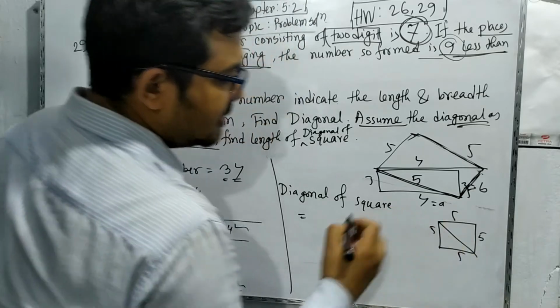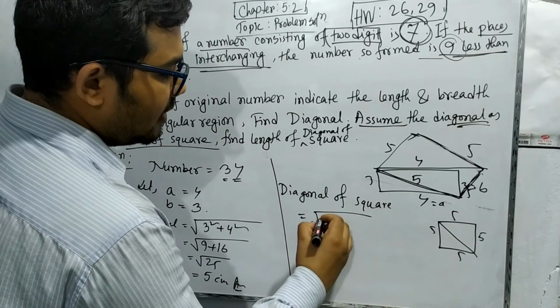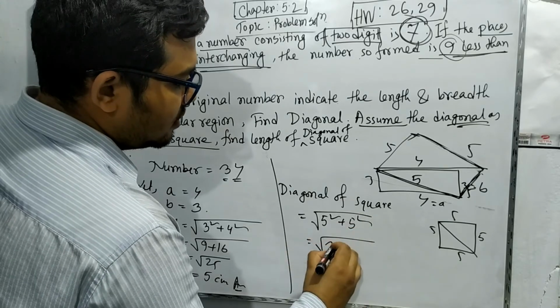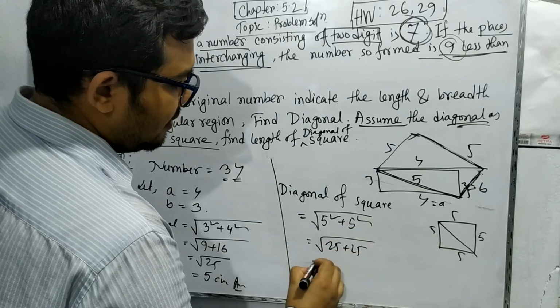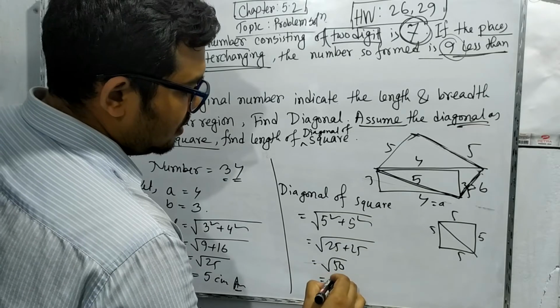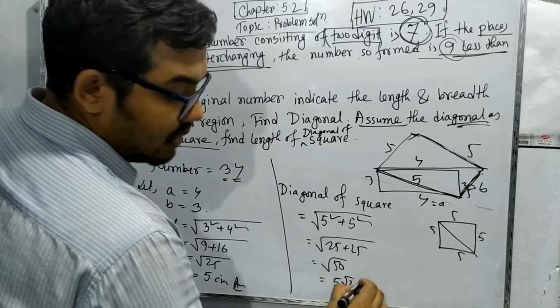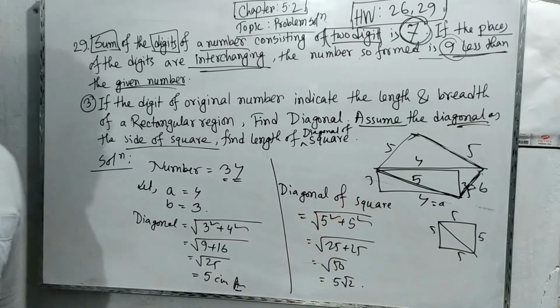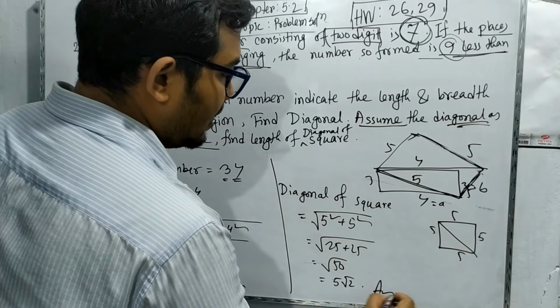Our diagonal will be root over 5 square plus 5 square, 25 plus 25, 50, 5 root over 2. This is the diagonal of the square, and this is the required answer.